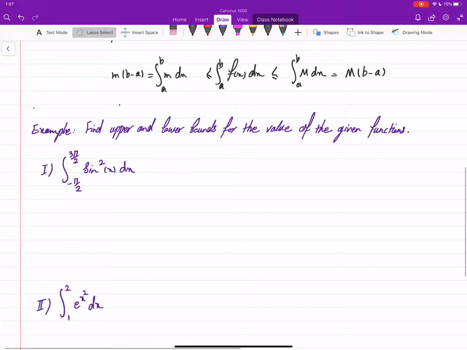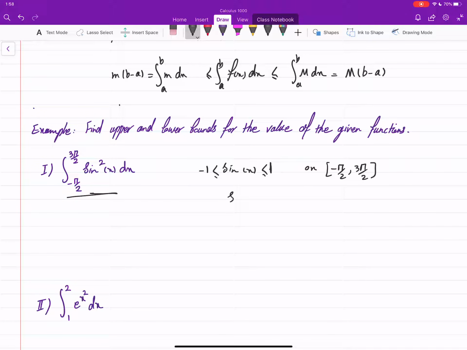Meaning that I don't know how to compute this integral now, but I know that sine x itself is between 1 and -1 on the interval negative pi over 2 to 3 pi over 2. If you square that, this is going to be a number between 1 and 0. Square is always positive.